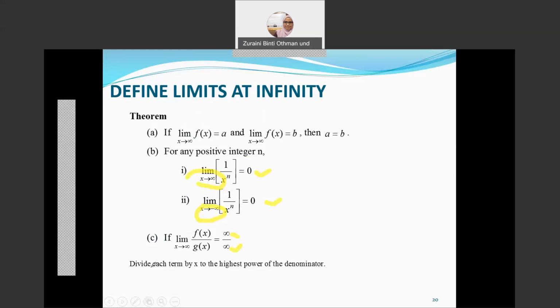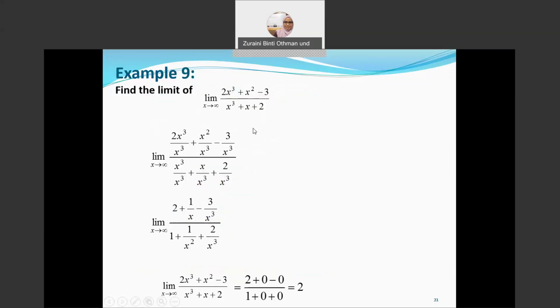Dan bila x menghampiri infinity, f(x) over g(x), kita dapat infinity over infinity. So then kita kena divide each term by x to the highest power of denominator. Okay, for this type kita boleh tengok example dekat sini. Kita ada soalan macam ni.